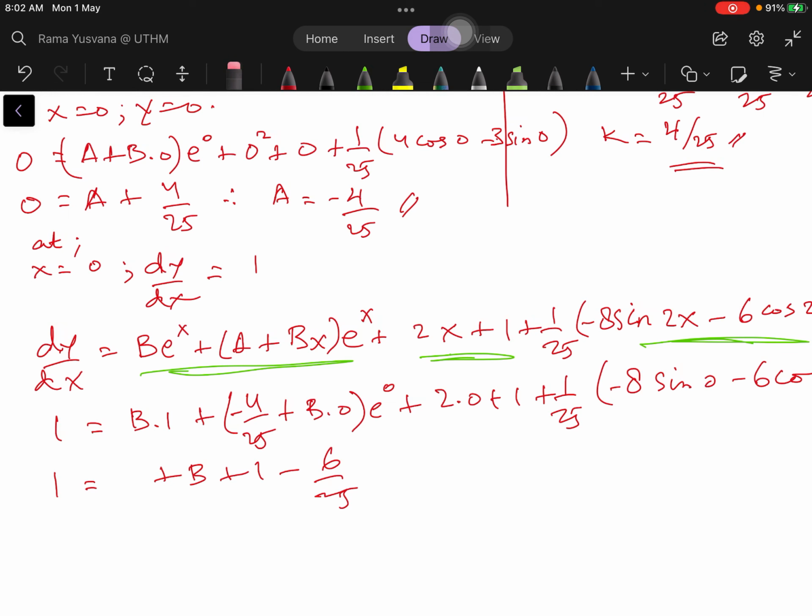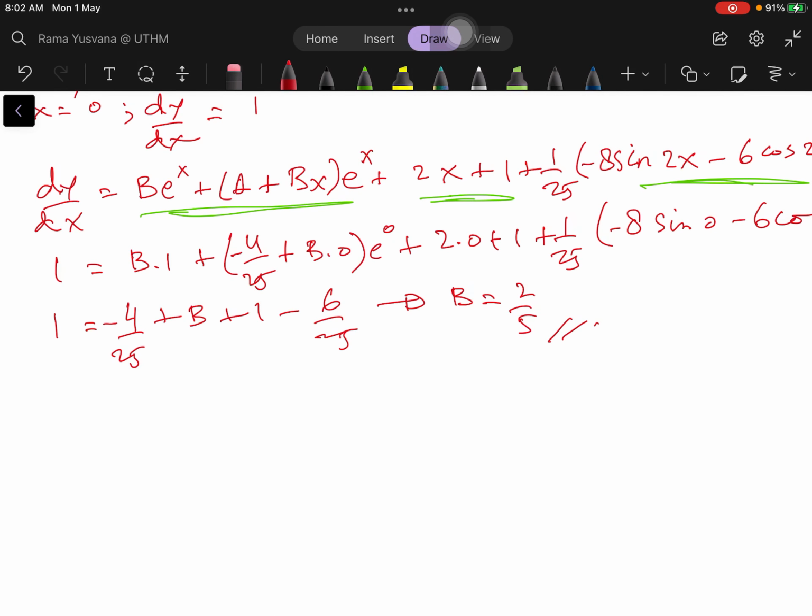After calculating, you will get b equals 2 over 5.